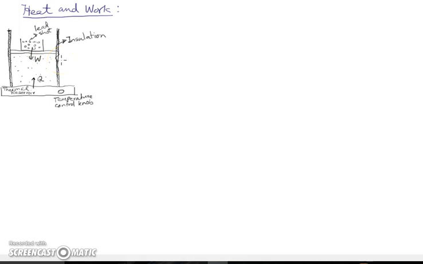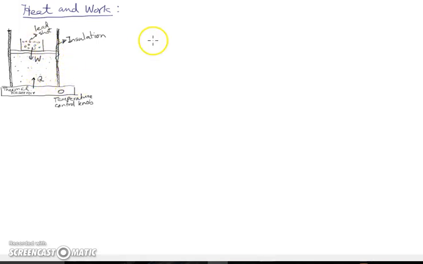Okay, suppose that we remove a few lead shots from the piston. When we take out a few lead shot, that means the force allows the gas to push the piston upward. Since this piston is moving upward, there's a displacement.